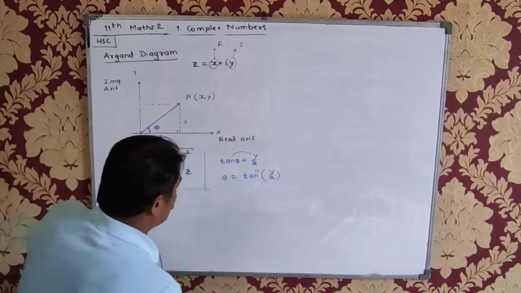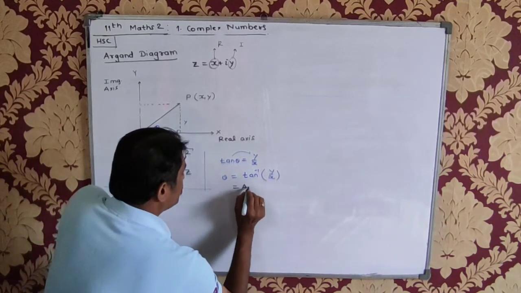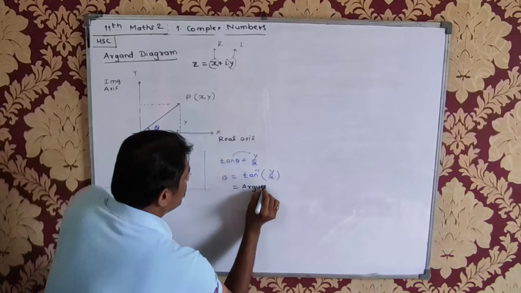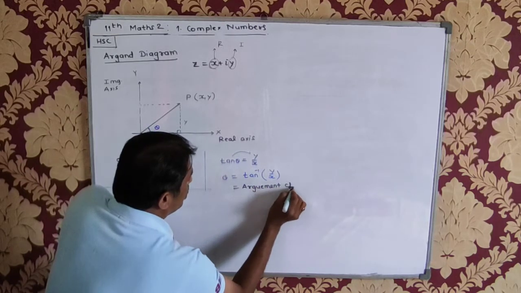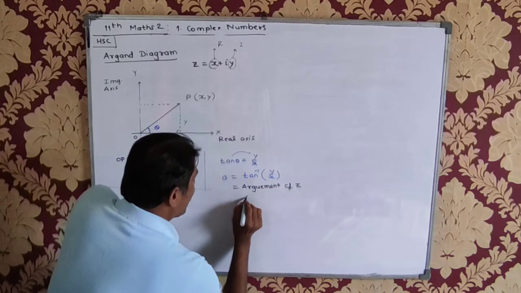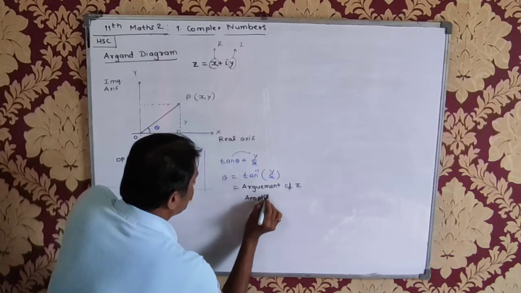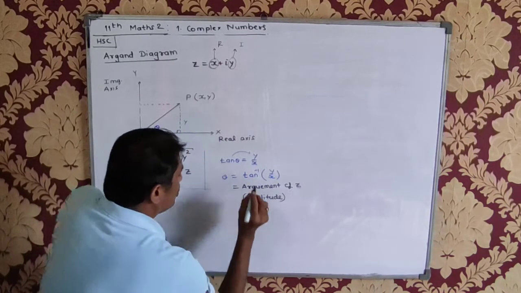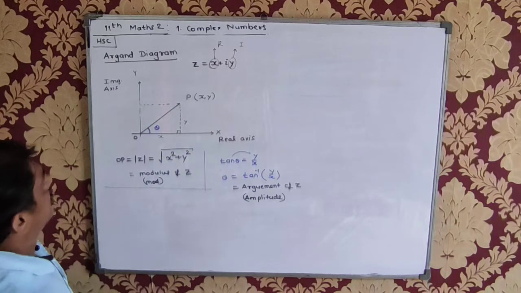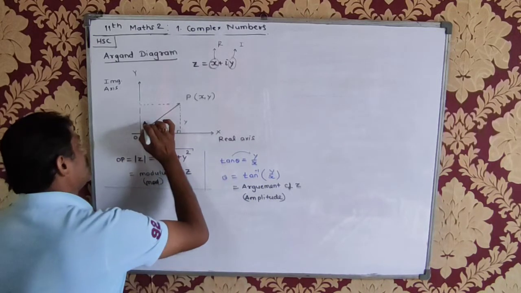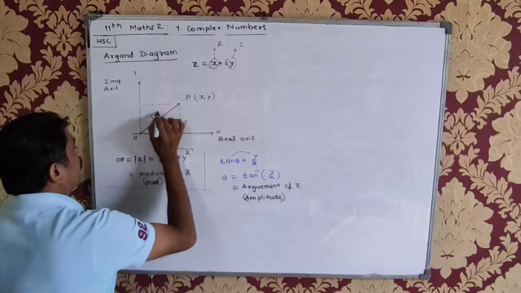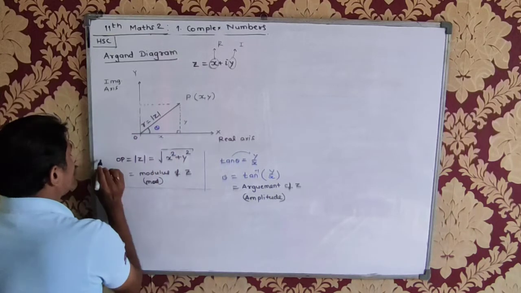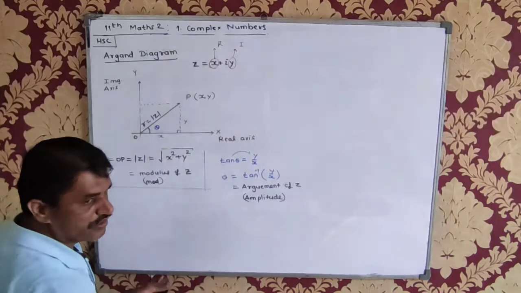And this theta is called the argument of z, or amplitude of z. Okay, this is called the modulus of the complex number, mod of z. Sometimes it is also denoted by r.